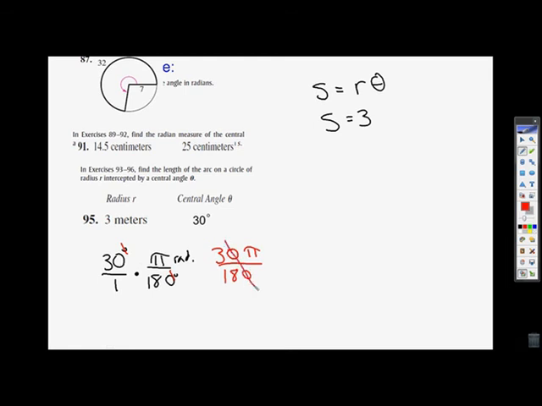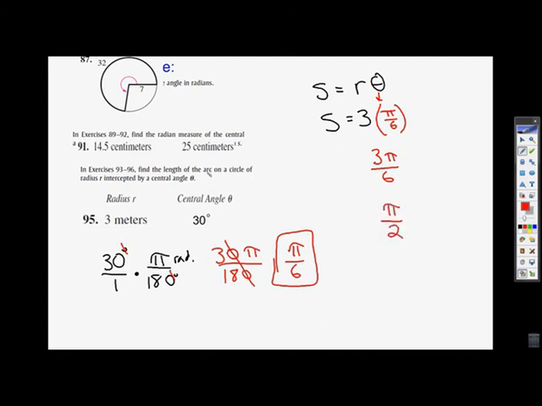And then this reduces down. 3 over 18 divided by 3, we get 1/6, pi over 6. That is the measure we want to put in for theta. 3 times pi over 6. And if we multiply straight across, we get 3 pi over 6. And the 3/6 reduces down to a half pi.